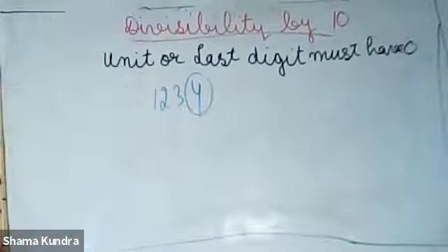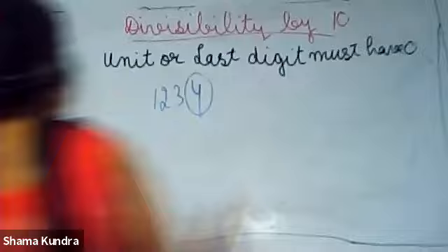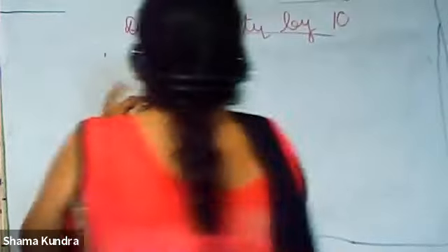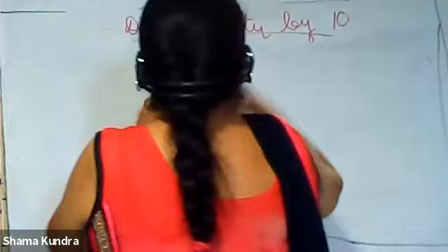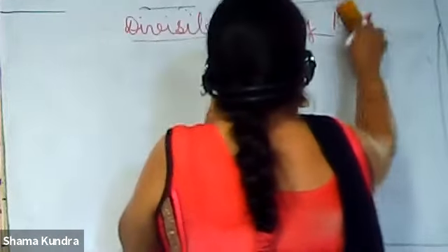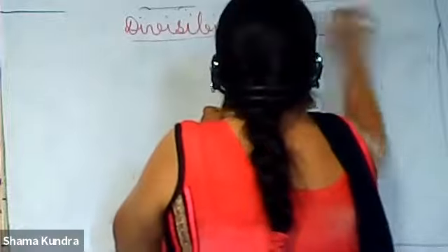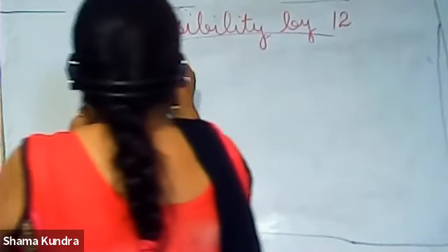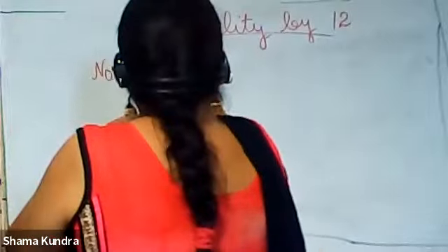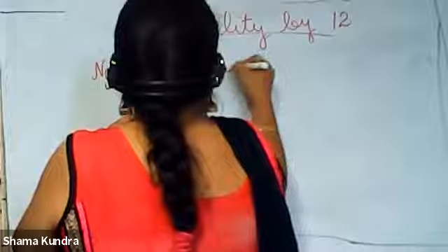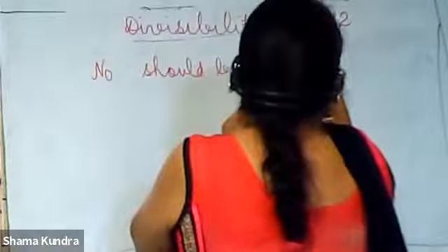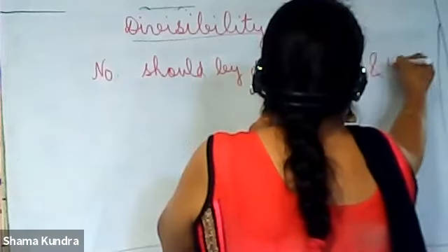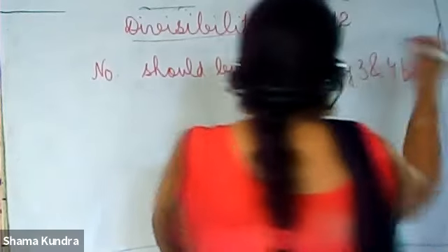Next, I have the divisibility by 12 rule. A number is divisible by 12 if the number is divisible by 3 and 4 both.